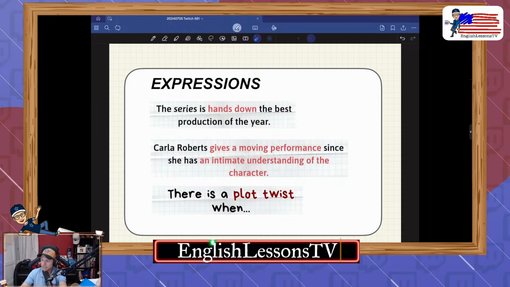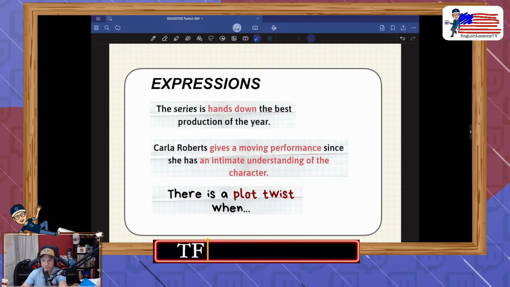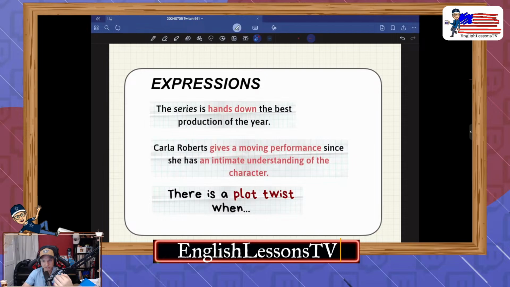Now let's imagine that the actress is Carla Roberts. Carla Roberts gives a moving performance. Okay, remember, moving. Okay, performance is the way they act. Okay, it's a moving performance since she has an intimate understanding of the character. Remember, the character would be the invented person inside the book or movie.